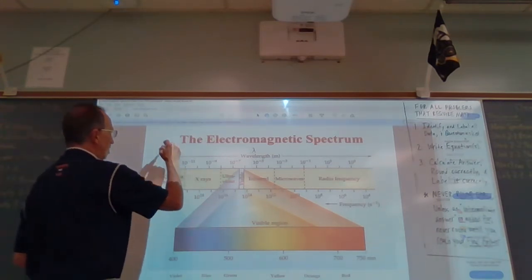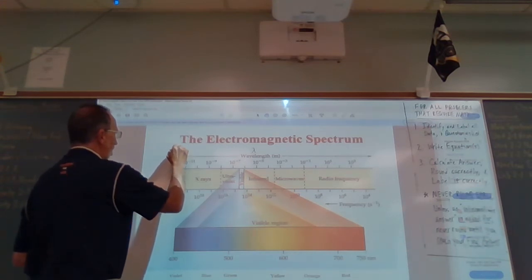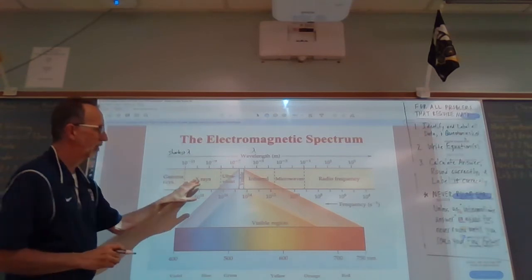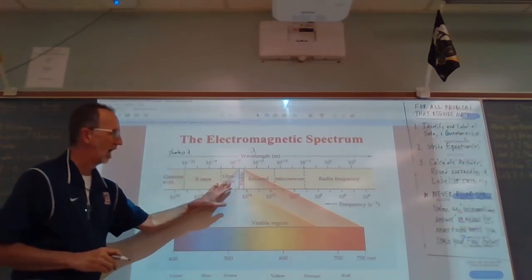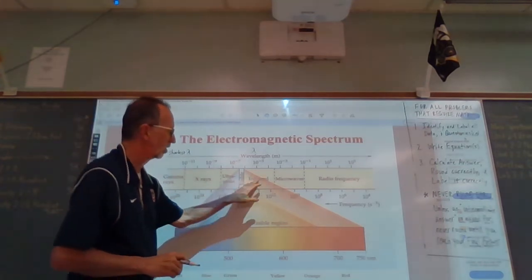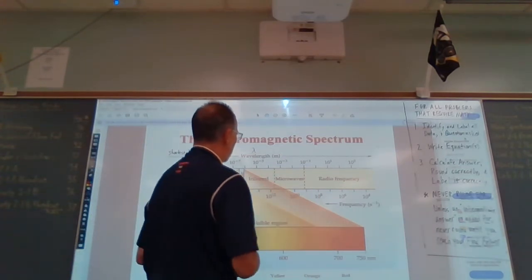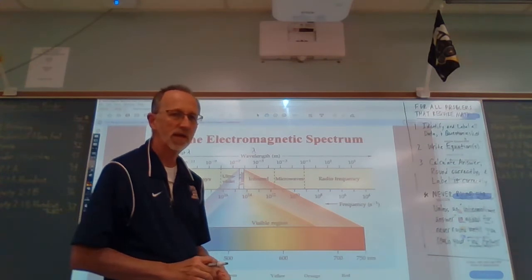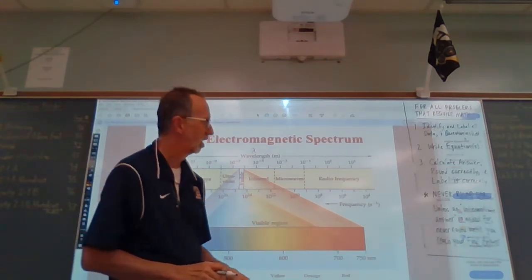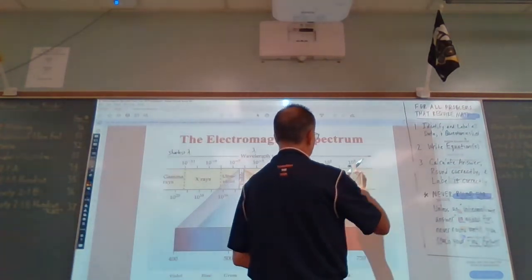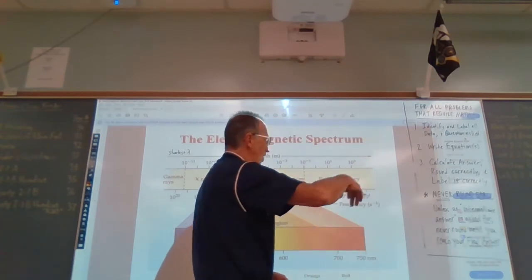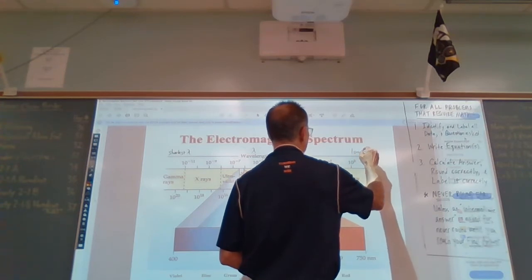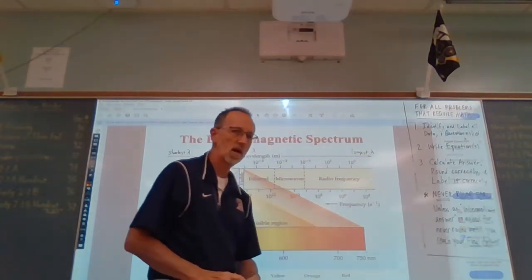This is the shortest wavelength down here. As you go through X-ray, ultraviolet, the visible spectrum, infrared, microwave, and radio. Radio waves have wavelengths of up to 1,000 plus meters, 10 to the third on up, and actually 10 to the first on up beyond that. And so here we have the longest wavelength.